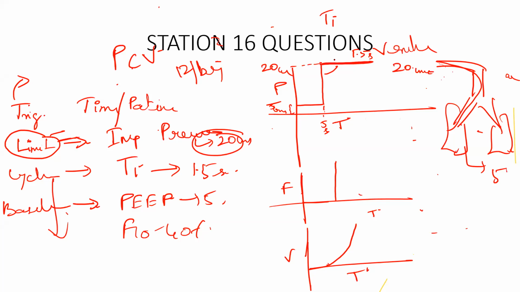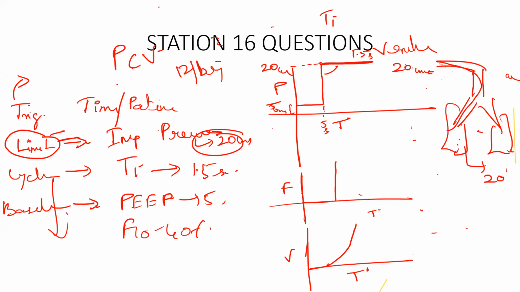Okay. Now, when there is a sustained pressure, what happens to the pressure in the lung? 20, right? Yes, sir. Now the pressure is sustained. The alveolar pressure and the ventilator pressure will be equal now. Yes or no? Yes, sir.